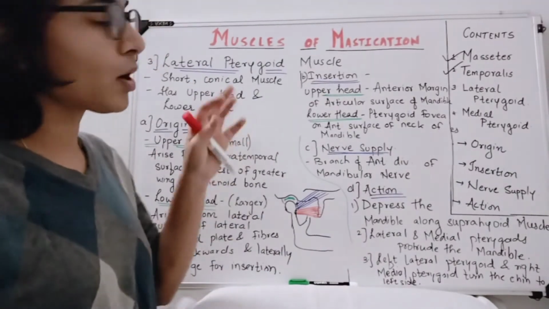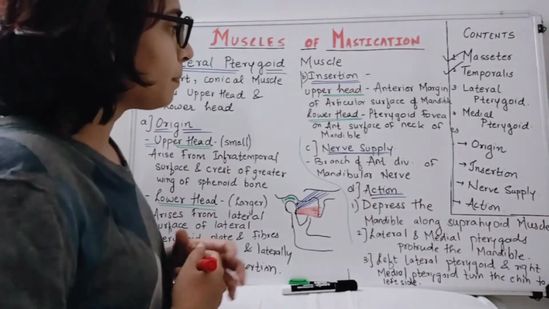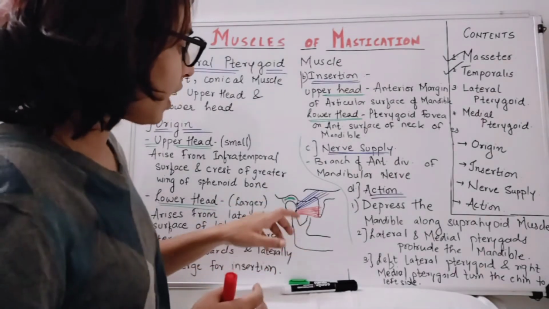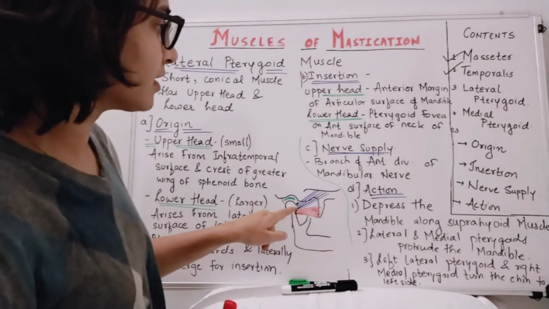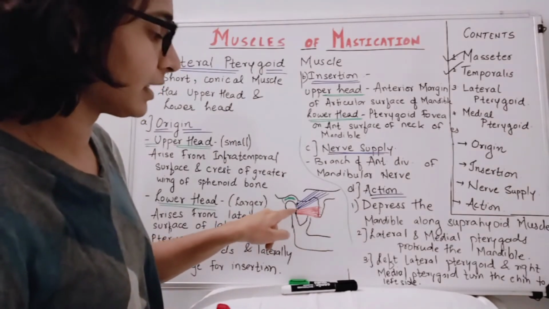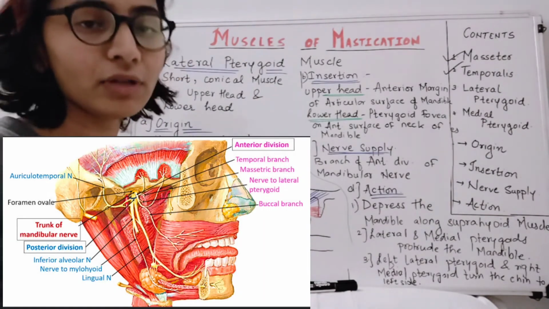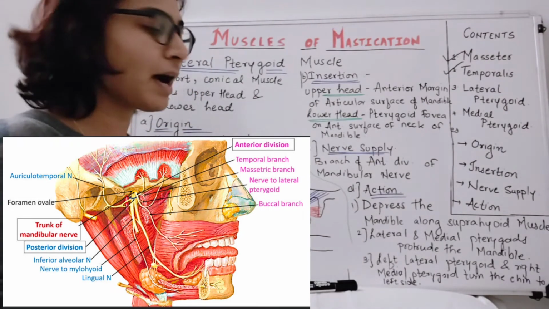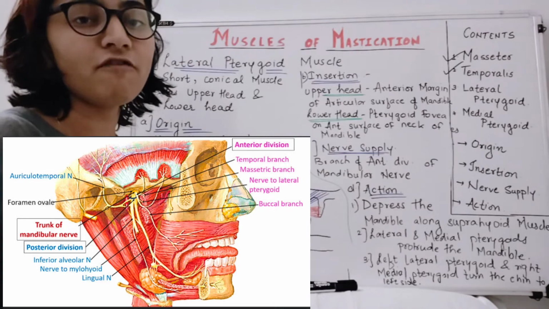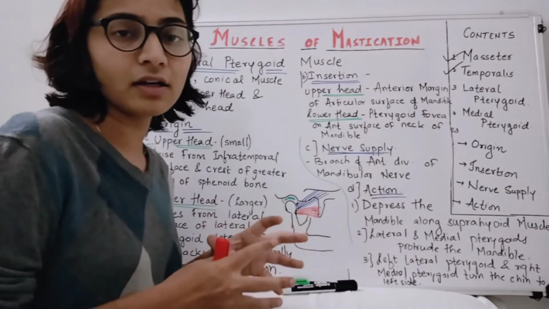So now we'll study about the insertion. Insertion. Upper head, anterior margin of the articular surface of the mandible, and lower head is going to insert in the neck of the mandible, that is pterygoid fovea. Now let's see the nerve supply of the lateral pterygoid muscle. It is supplied by the branch of anterior division of mandibular nerve. Now let's learn the action.